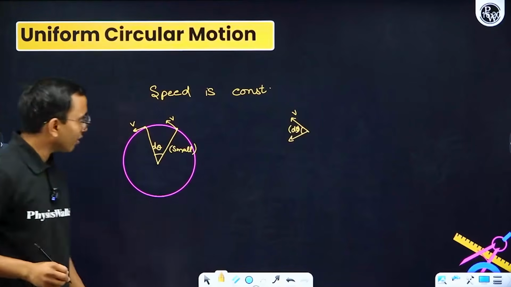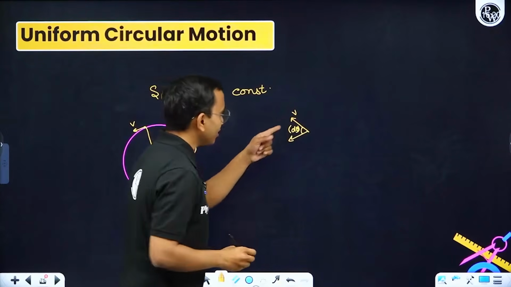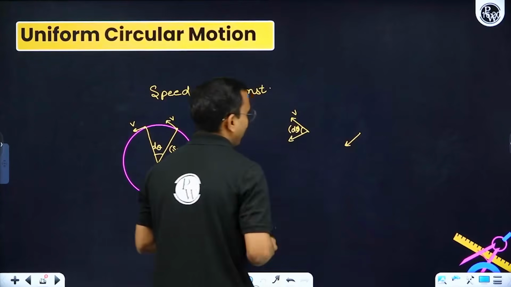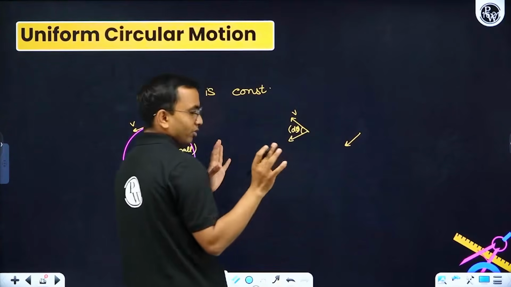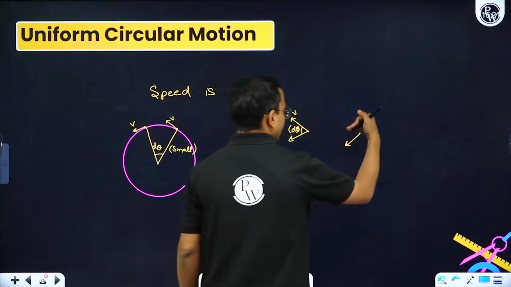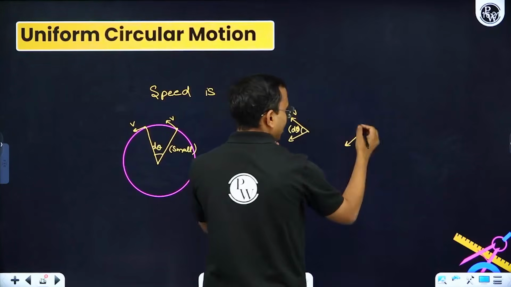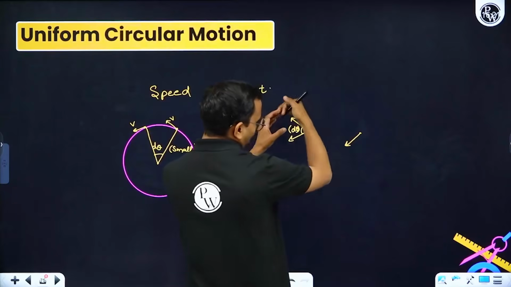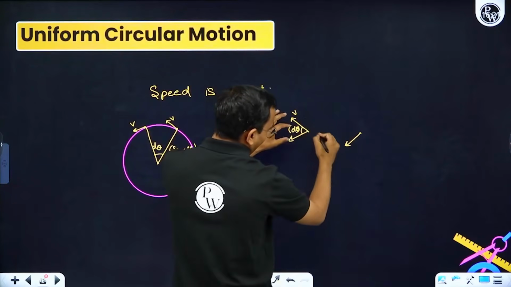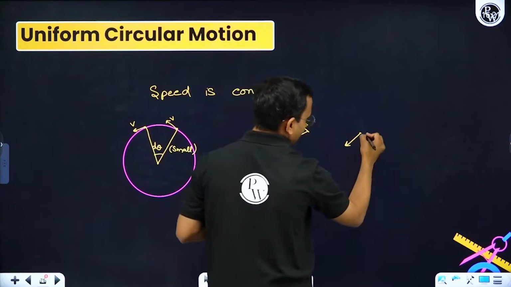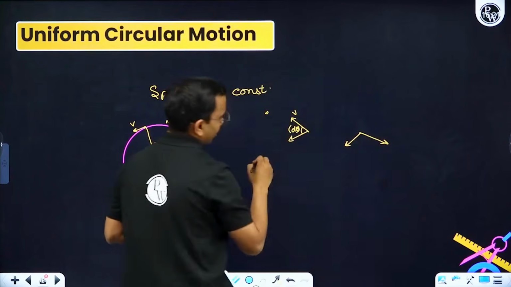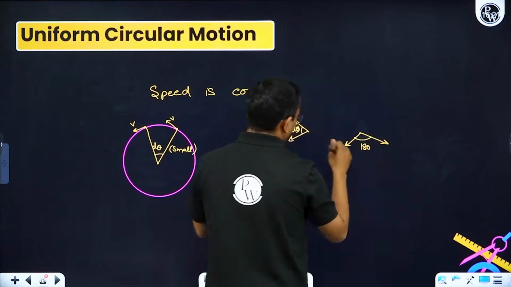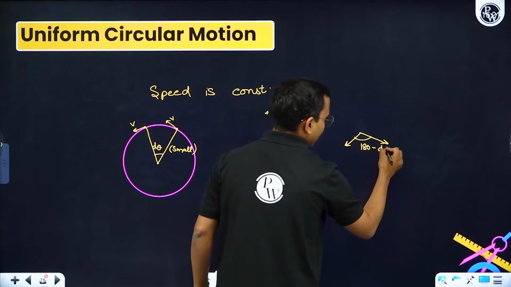What is the change in velocity? This is final, this is initial. So final minus initial. I just want to find the magnitude, by the way. If I take the opposite of the initial velocity and draw it like this, how much will that angle be? 180 minus d theta.